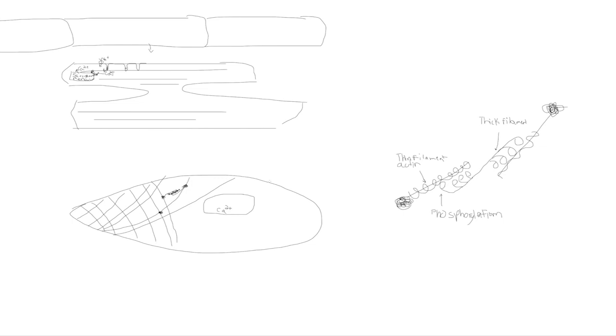There is a calmodulin protein over here inside the cell. Just to give you an idea, that's not really what it looks like, but kind of. This is just to give you a basic sense for what's going on in the big picture.